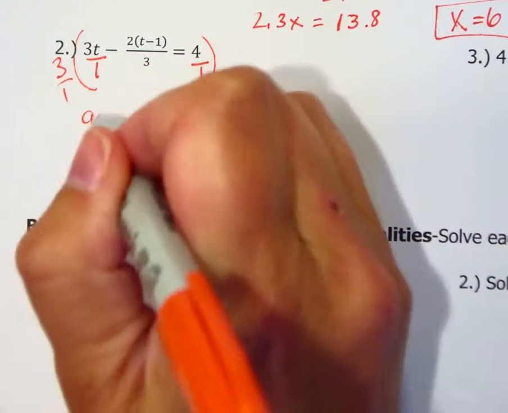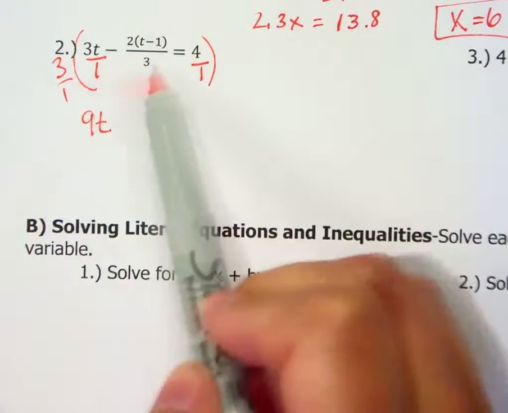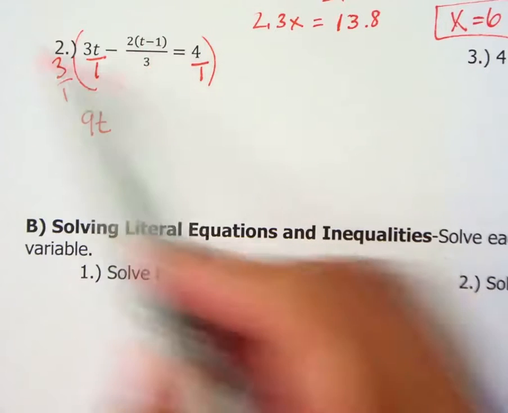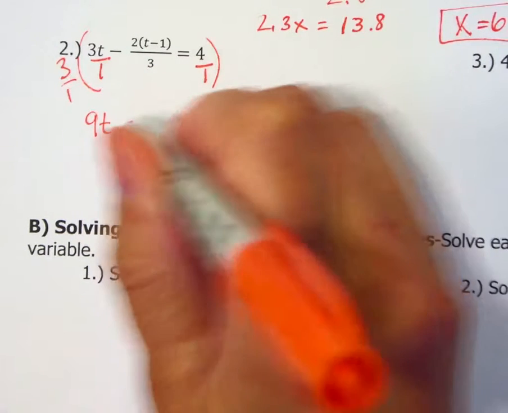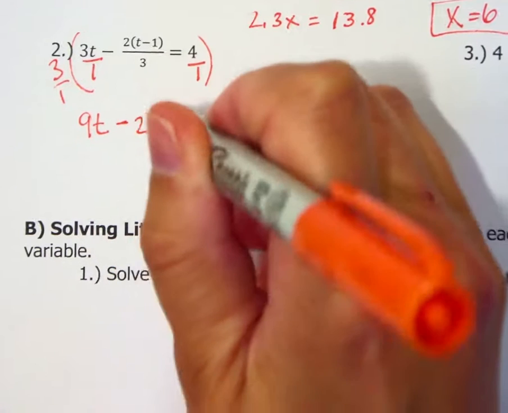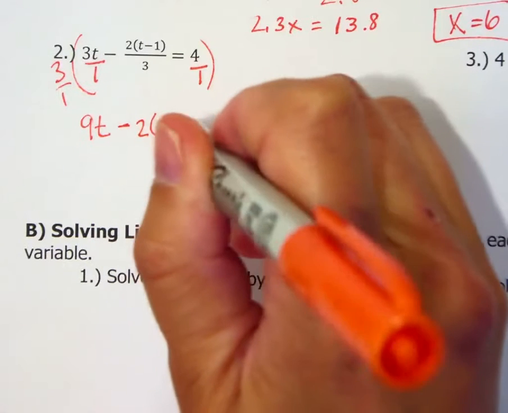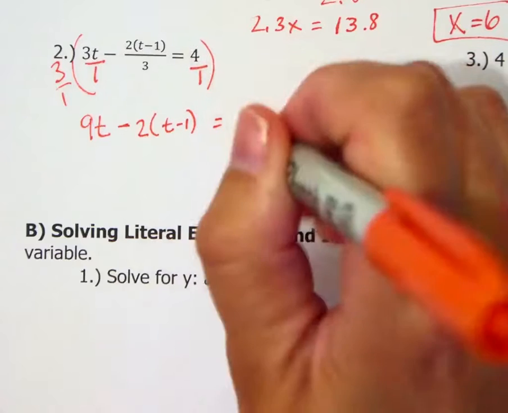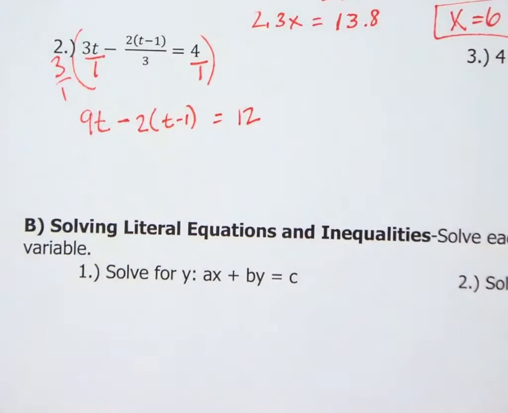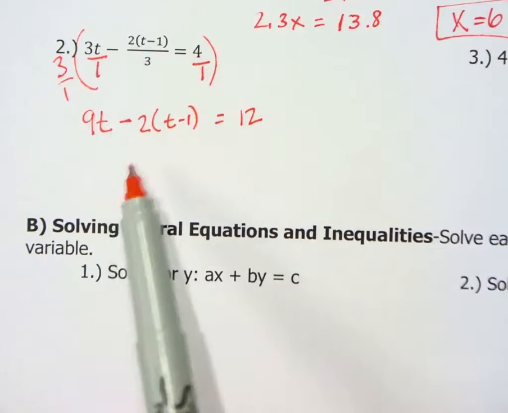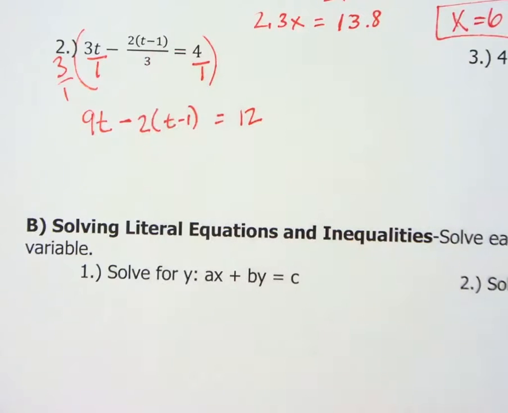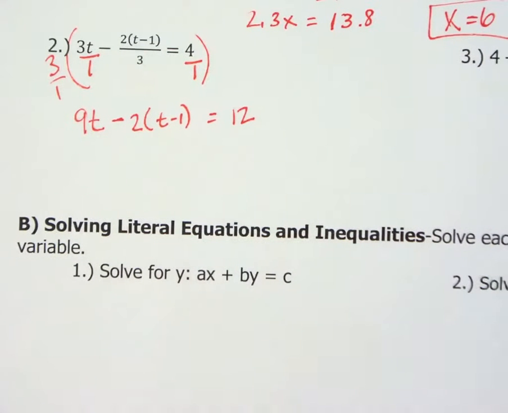So this will give me a 9t. And then because I have that denominator of 3 in that middle term, the denominators cancel out. So I'm just going to have that minus 2 times the quantity t minus 1 equals 12. So I'm multiplying every term by 3, but because that middle term has a denominator of 3, that cancels out, which leaves us with a pretty basic linear equation.